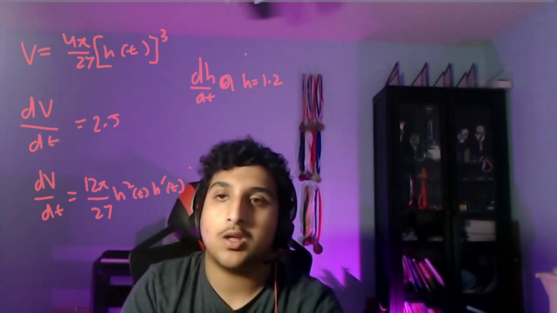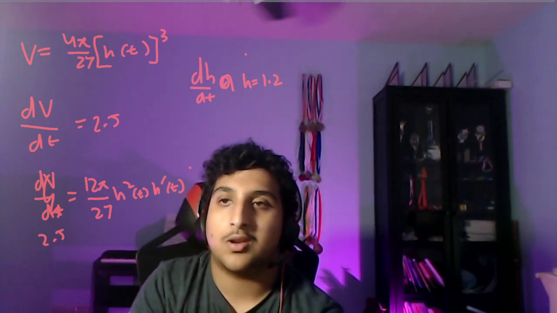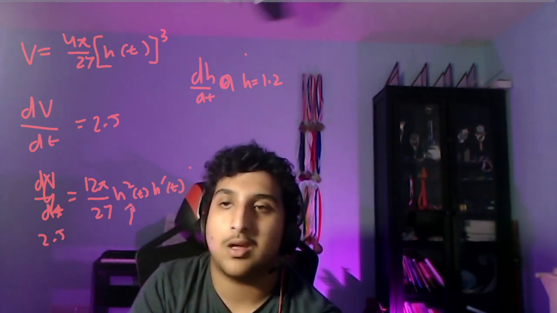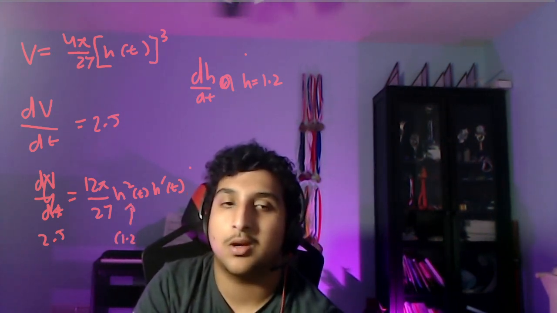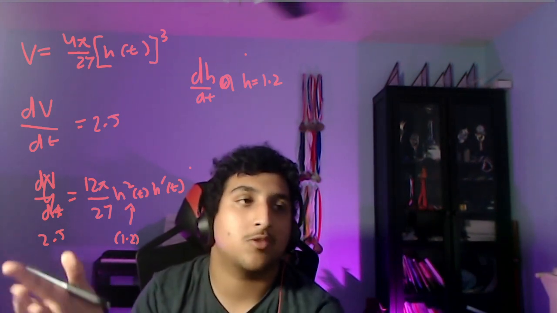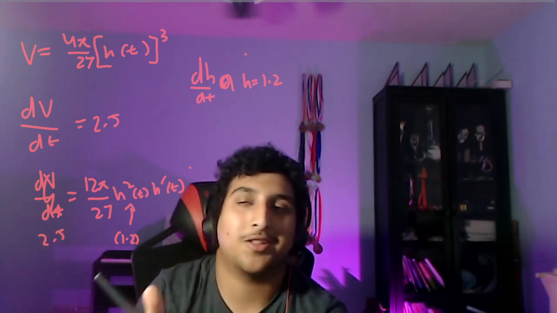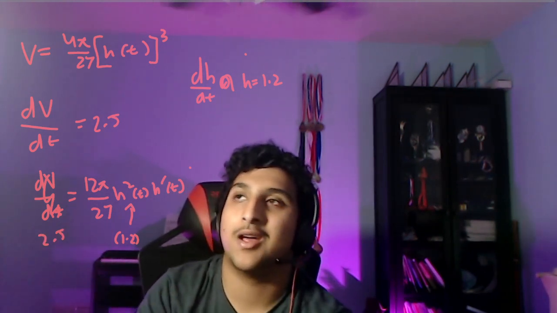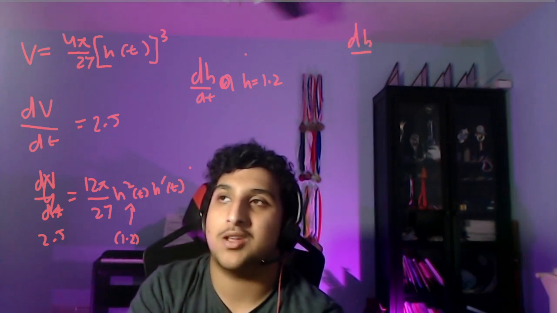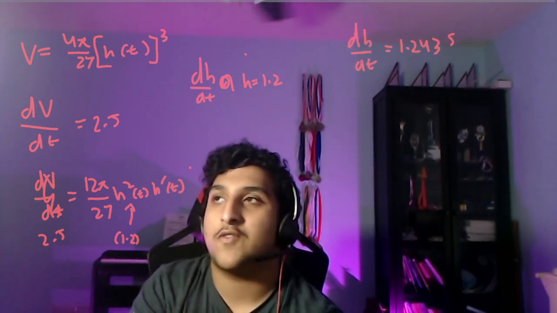Okay, so now we can just plug in stuff again. We know that this is equal to 2.5. We know that h of t is equal to 1.2, and then we want to find dh by dt. So now the problem is pretty solvable. I'm not going to go through all the computation, but if we want to try it, the answer is going to be dh by dt equals 1.243 feet per minute.